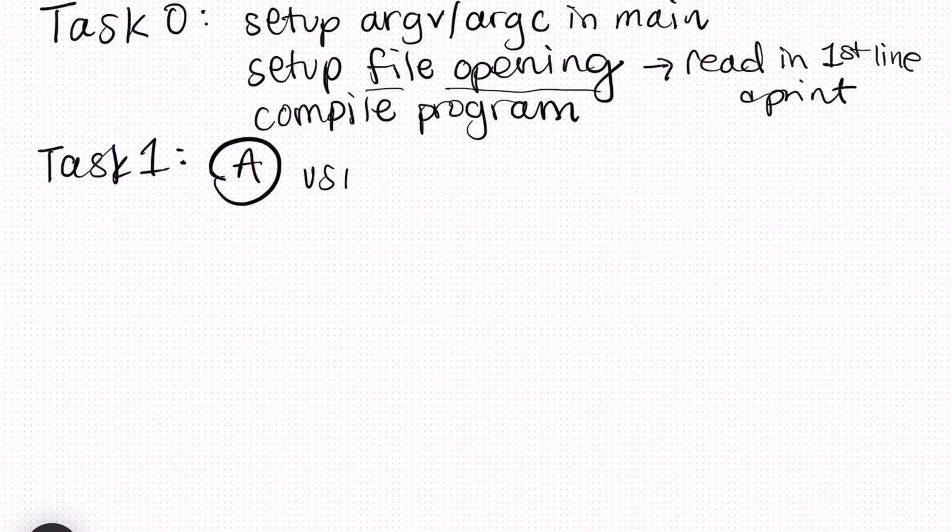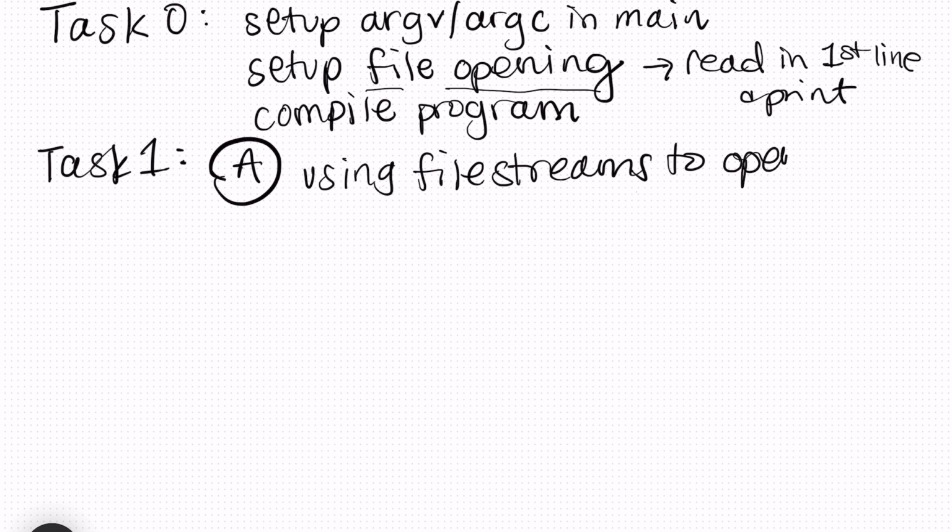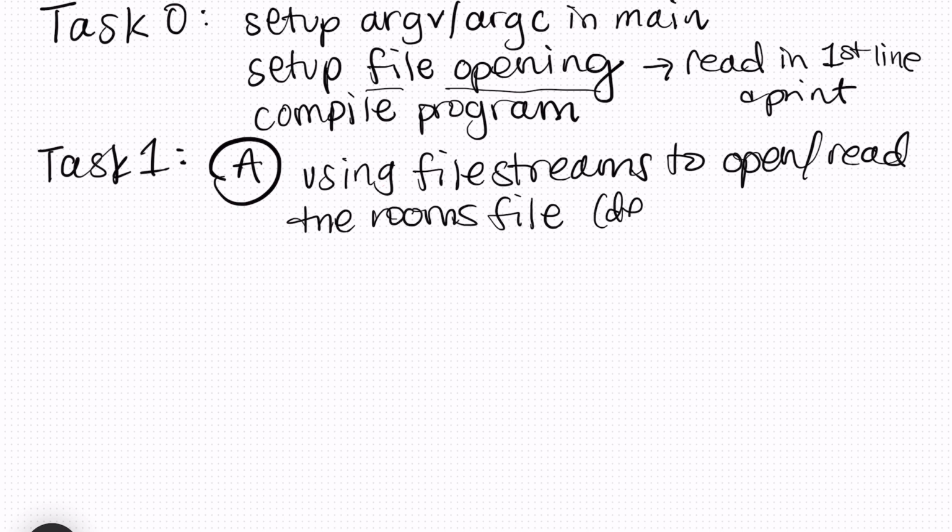So this is using file streams to open and read the rooms file. So we want to delete the testing.